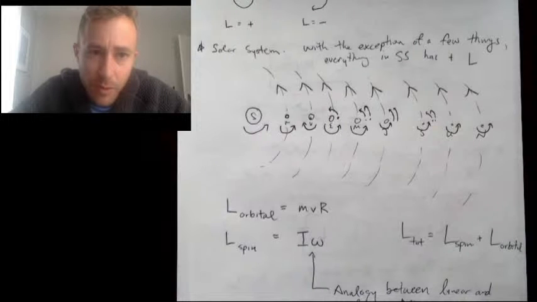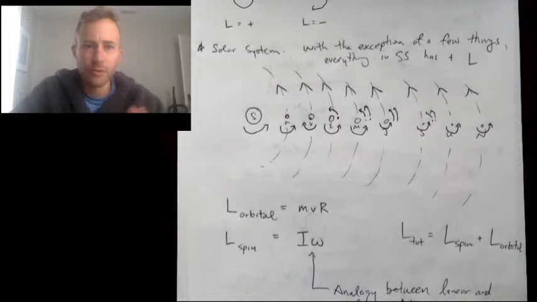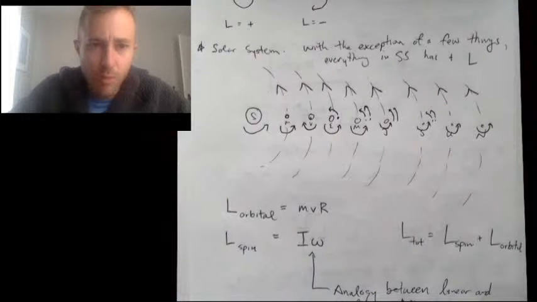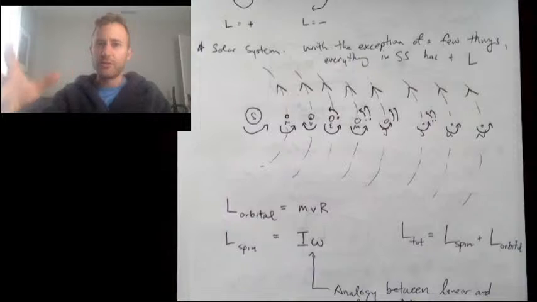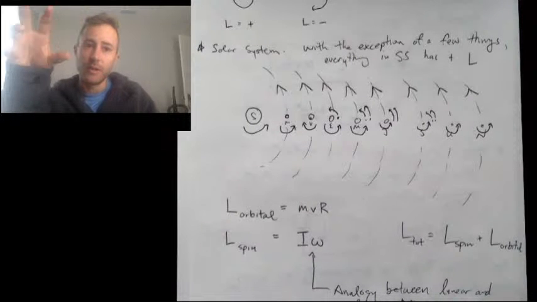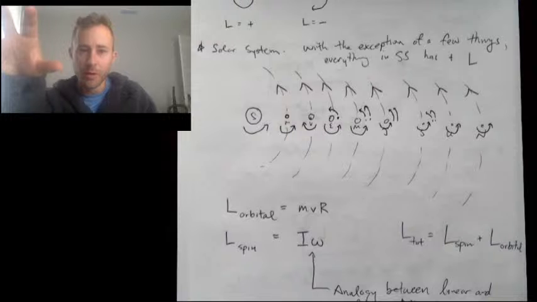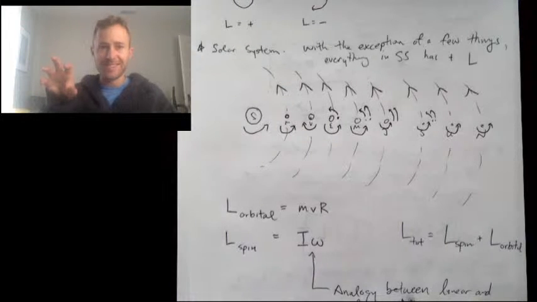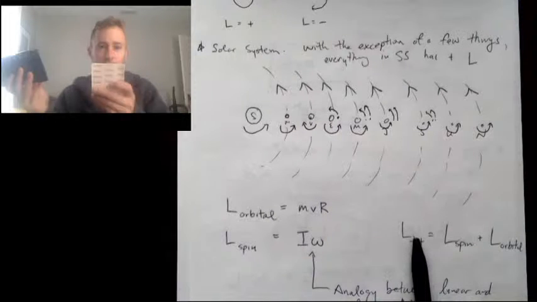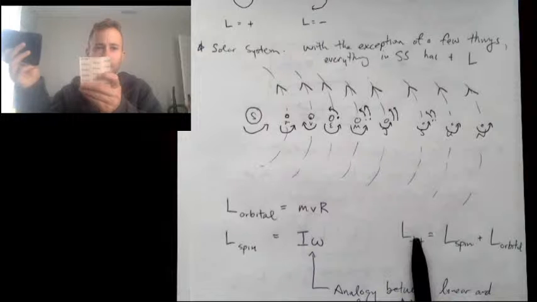The other thing I wanted to talk about in just the last couple minutes is, did you know why we always see the same face of the moon? It's because the orbital period of the moon is exactly the same as the period of its spin. So it's kind of like this. The moon is going around.